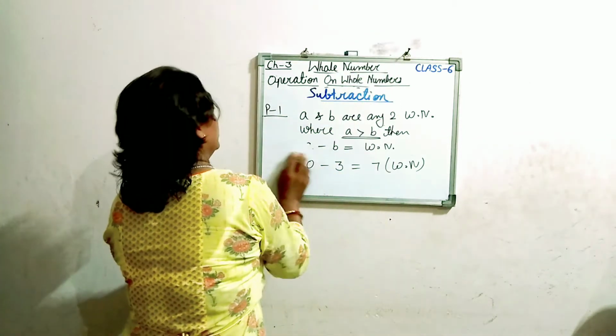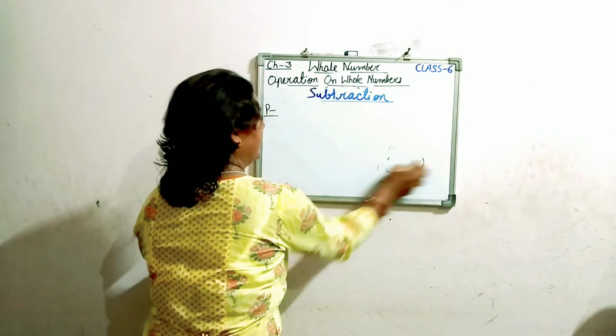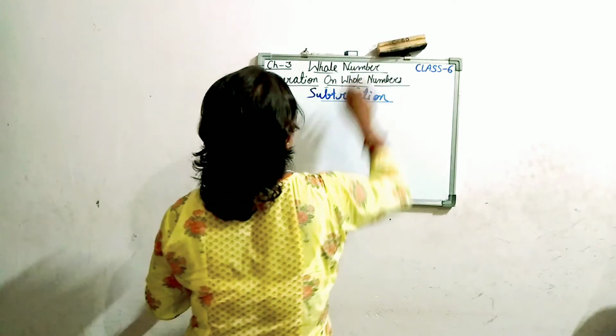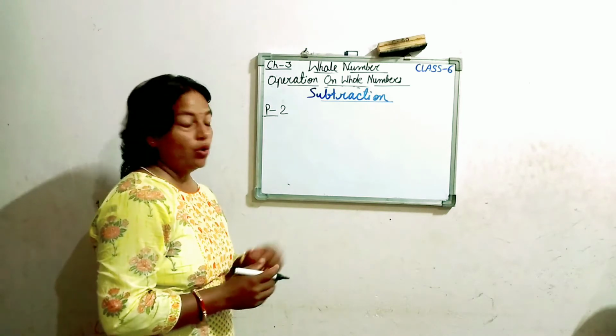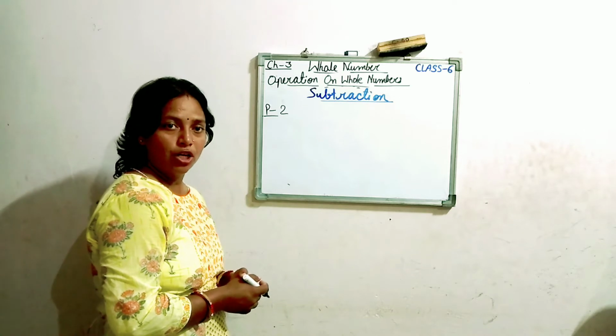Now look, the property number 2. Property number 2 in addition was the additive property of 0. Now just look at the subtraction, the subtractive property of 0.